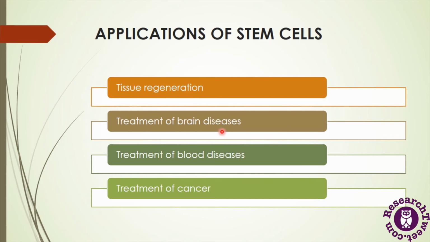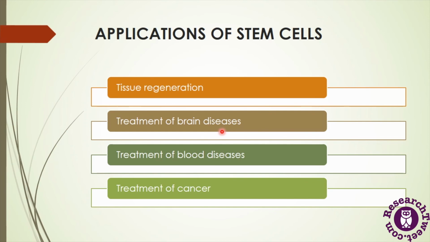So the applications include tissue regeneration, treatment of brain diseases, treatment of blood diseases, treatment of different types of cardiovascular diseases, and also treatment of various types of cancers, which is done with the help of different types of stem cells.